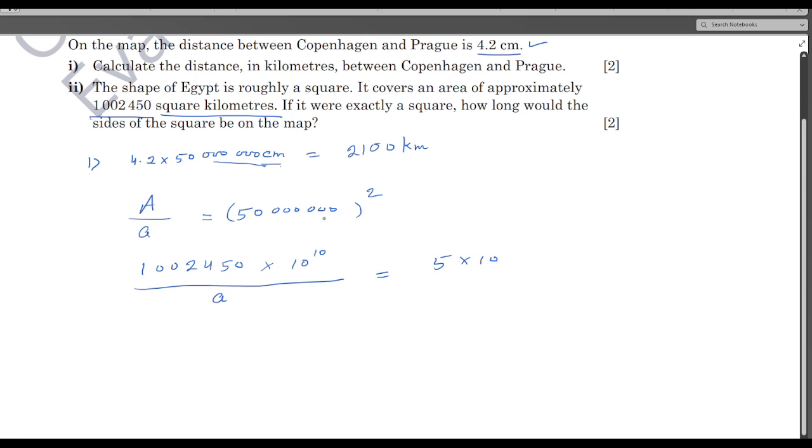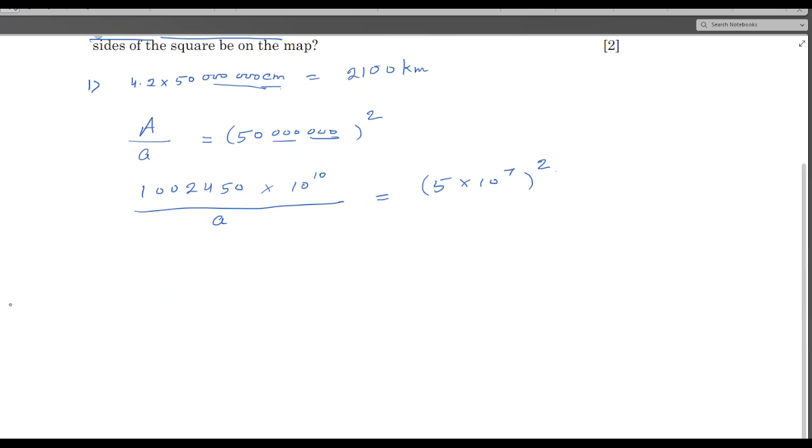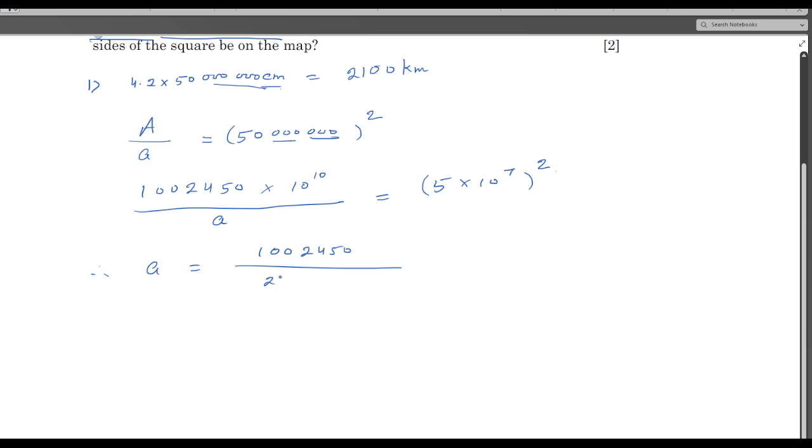Okay, so this is your area divided by small a, and here this is 5 times 10 power 7, the whole square. So your area a will be equal to 1002450 divided by 5 times 5 is 25 times, here numerator is 10 power 10, here denominator is 10 power 14.